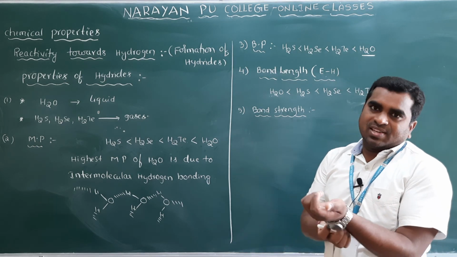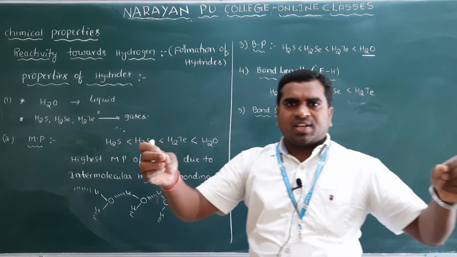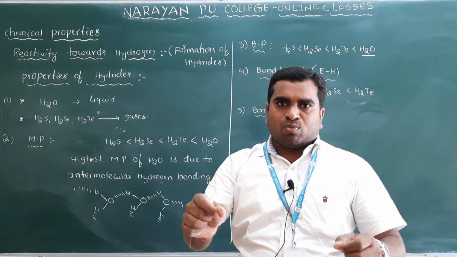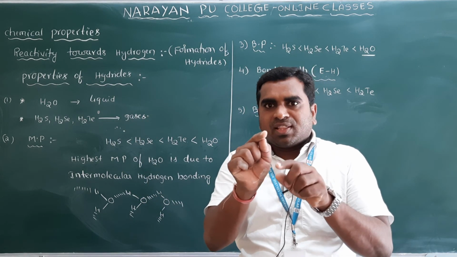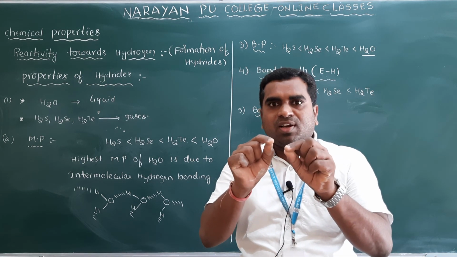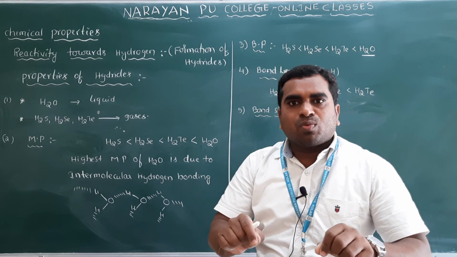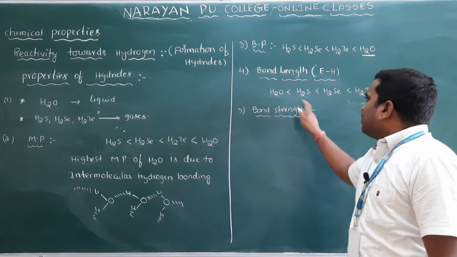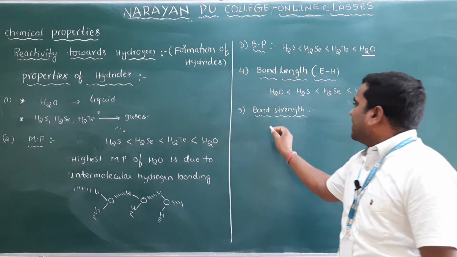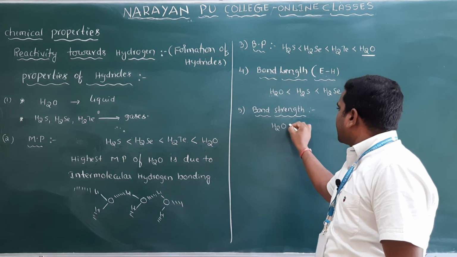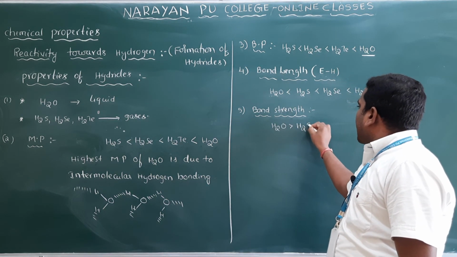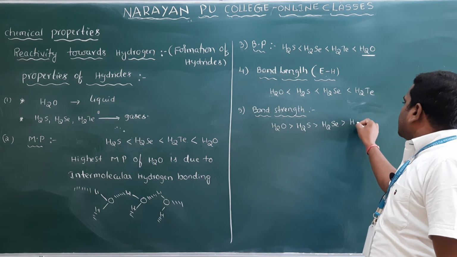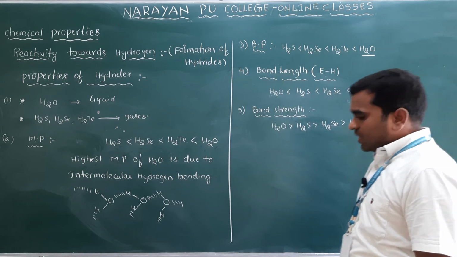Take a long stick, and we can easily break it, but take a very short stick and try to break it, we cannot break it easily. Same here, if bond length increases, bond strength decreases. So the bond strength is H2O is greater than H2S is greater than H2Se is greater than H2Te.